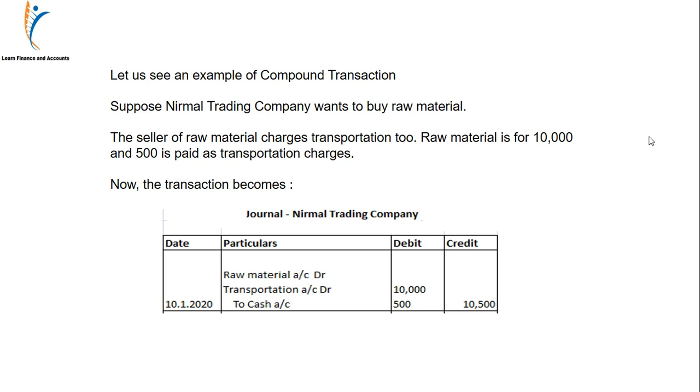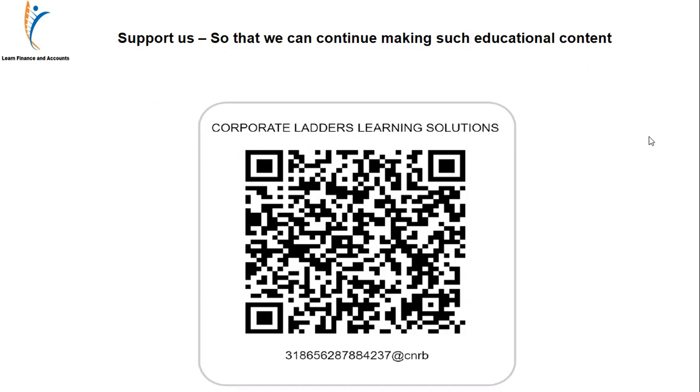Earlier, there was no transportation expense. But now, transportation expense has increased to 500. So, when expenses increase, they are debited. And cash is going out of the organization, so cash account will be credited. So, this is a compound transaction.